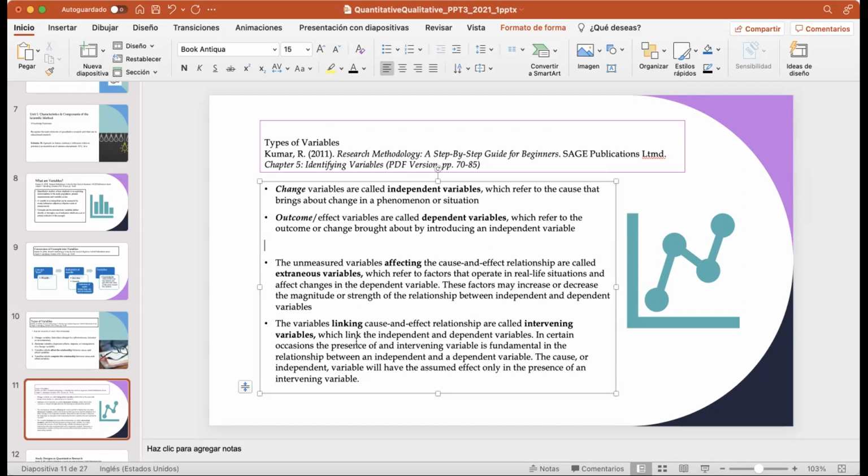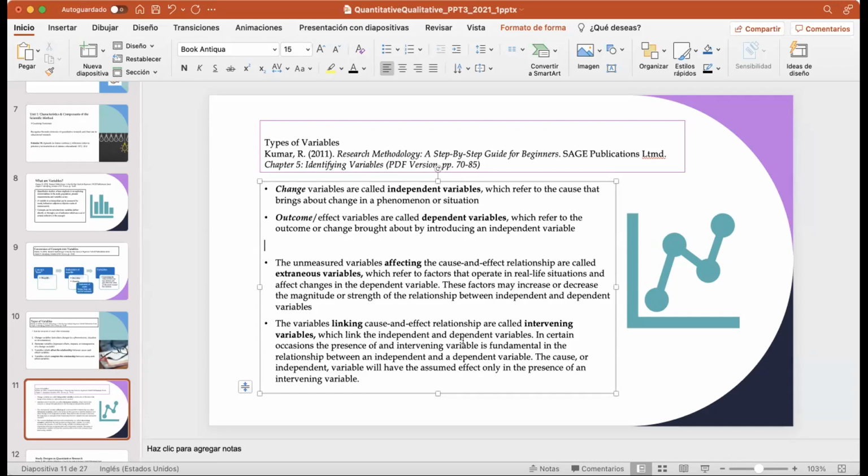The intervening variables help to link independent and dependent variables. On certain occasions, the presence of intervening variables is fundamental in the relationship between an independent and a dependent variable.